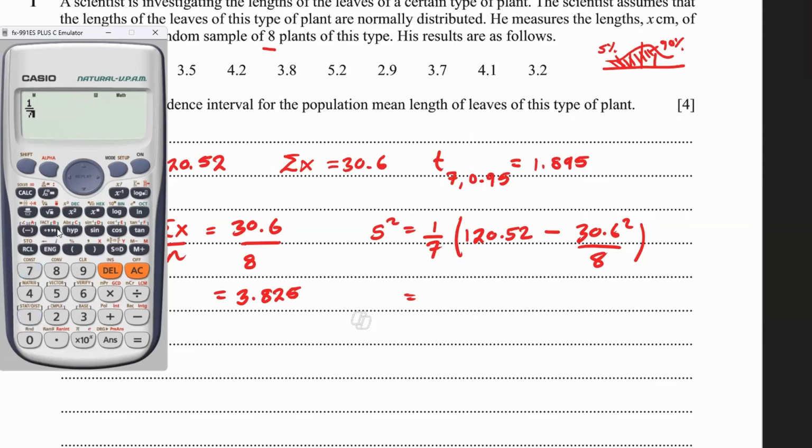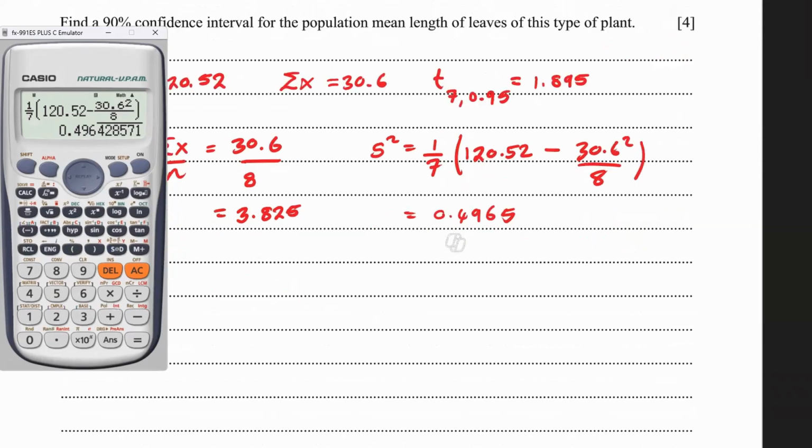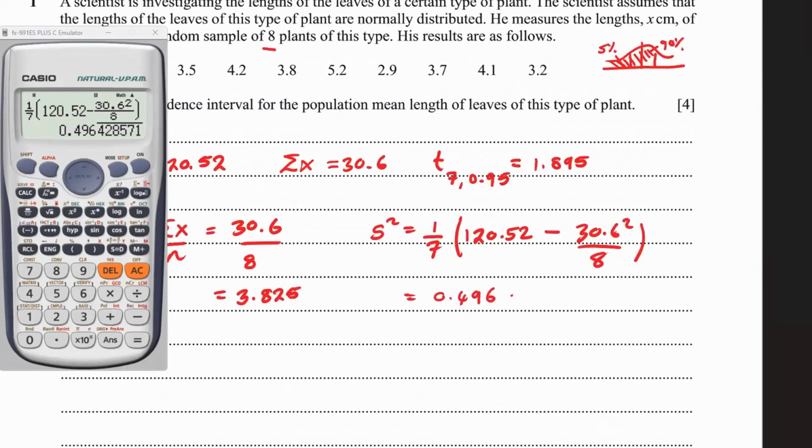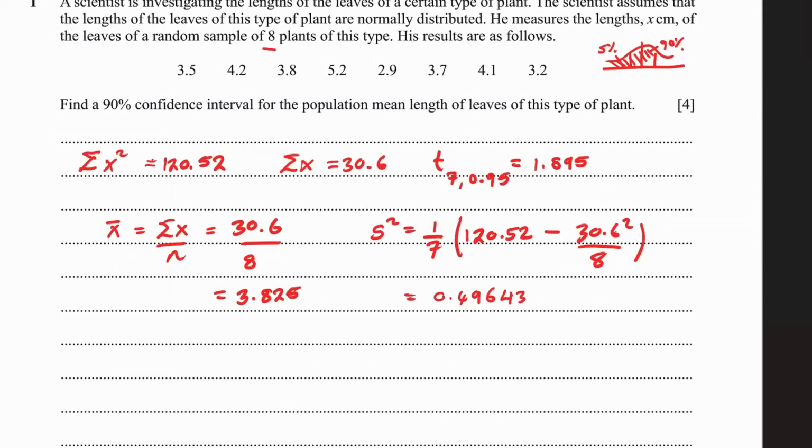So 1 over 7 of 120.52 minus 30.6 squared over 8. And this gives us 0.496, I think 643 is better. 643. All right, so that's what we have in here.